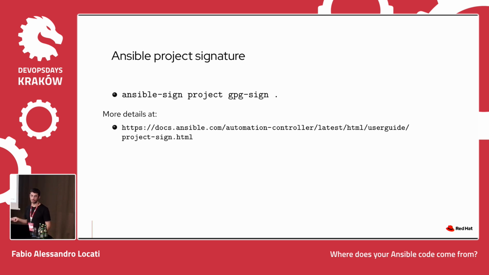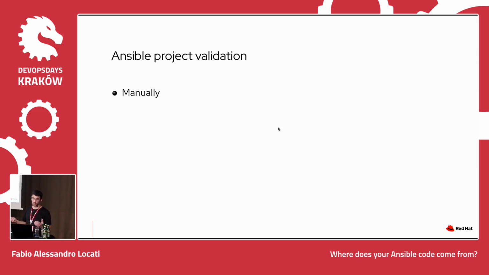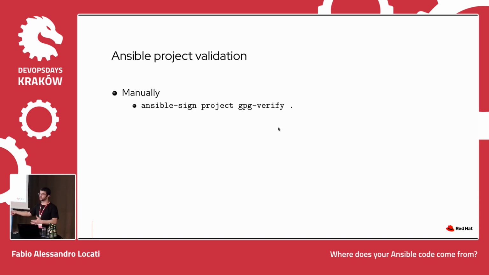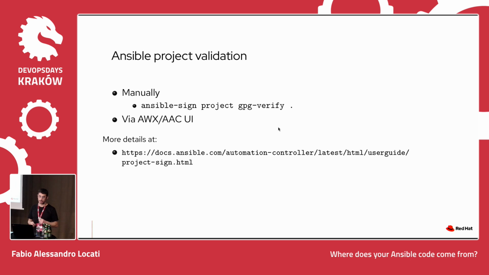And how can we validate this? First way is manually. We are probably not going to do this in production, but still, it's useful to know. The same tool also verifies signatures in a very similar way as Git was doing. Also, we can do it directly from the controller itself. This is the documentation for the controller part, and it's very straightforward.